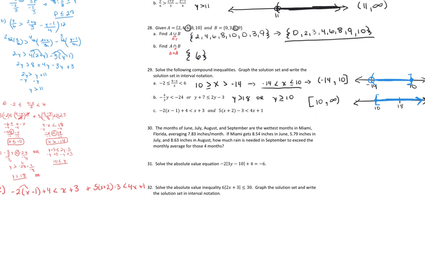If we distribute it through, negative 2x plus 2 plus 4 is less than x plus 3. And distribute this through, 5x plus 10 minus 3 is less than 4x plus 1. So now if we combine like terms here, I'm going to move this over.